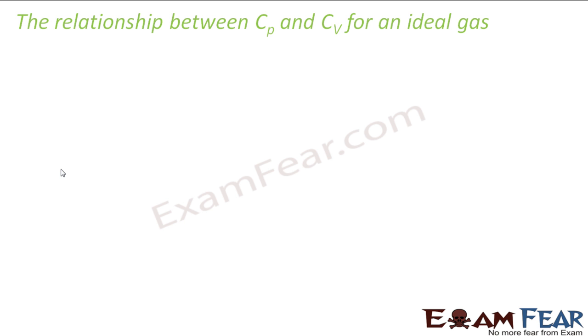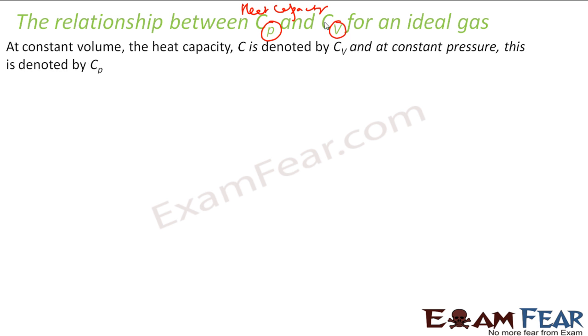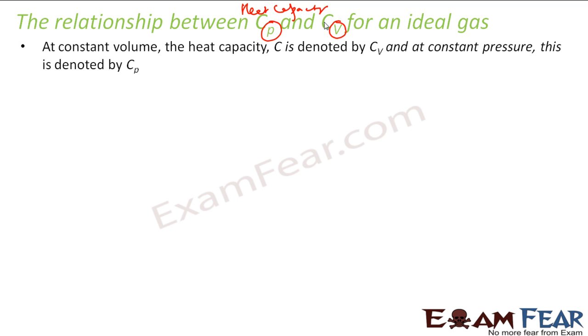Let's find a relationship between Cp and Cv, that is heat capacity at constant pressure and constant volume for an ideal gas. At constant volume, the heat capacity is Cv, as I told you, and at constant pressure, the heat capacity is Cp.